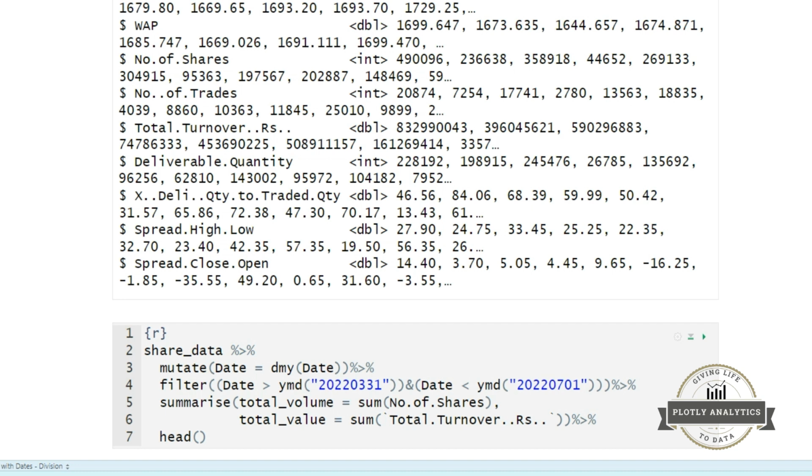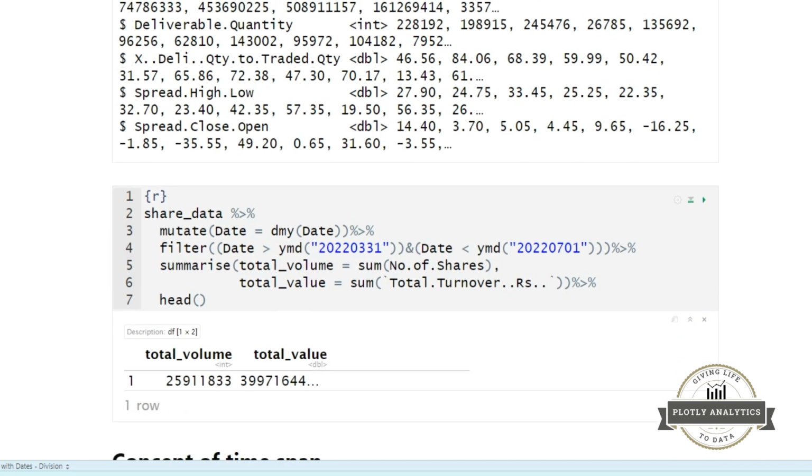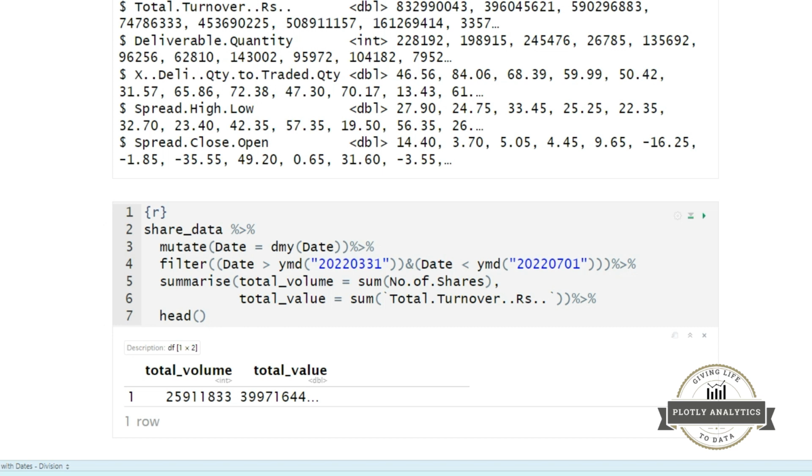And then we have used summarize function to find out the total volume and total value of the shares. So you get the results, and these results we could get by using the comparison operators on datetime objects.